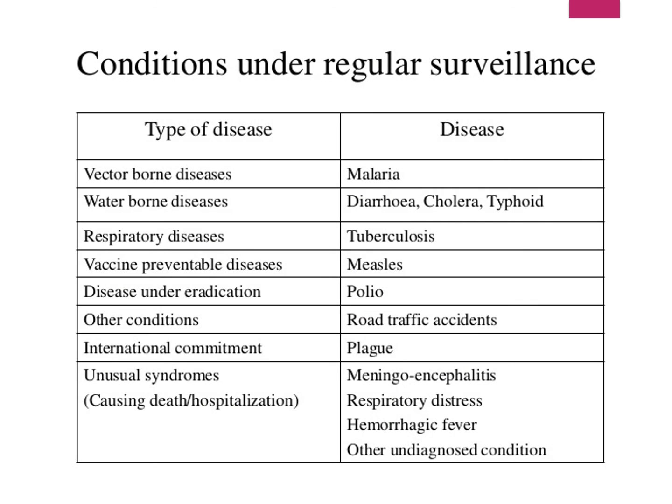So there's several conditions that are under regular surveillance. In this slide, there's just a few that are listed. So we might have some vector-borne diseases, waterborne, respiratory. All of these we might be able to take quick action if we see that there's an upswing in any of them. Vaccine preventable, if we see that something like measles starts to become more popular, well then the CDC or the Public Health Department will start pushing for vaccinations and making sure that people are up to date.